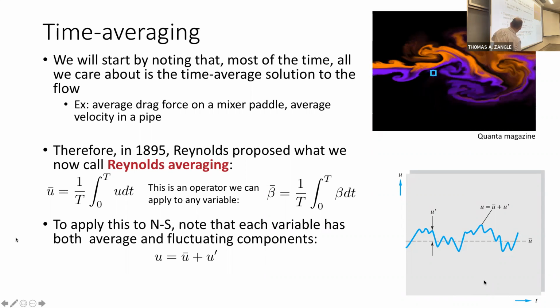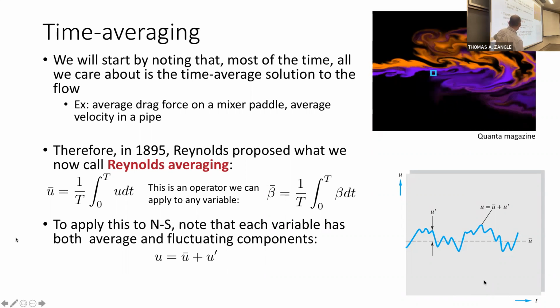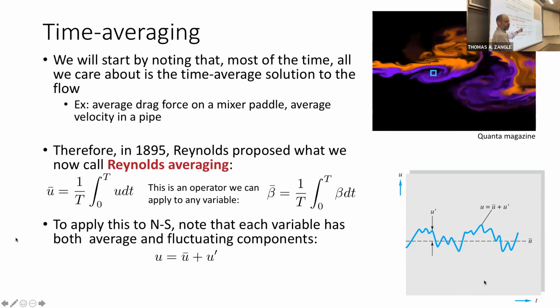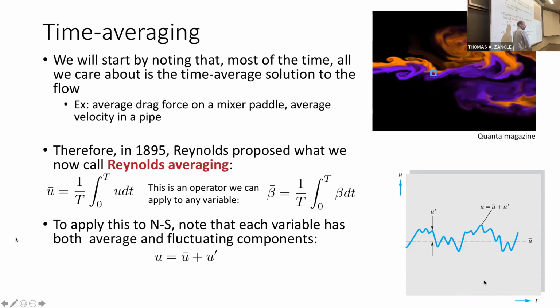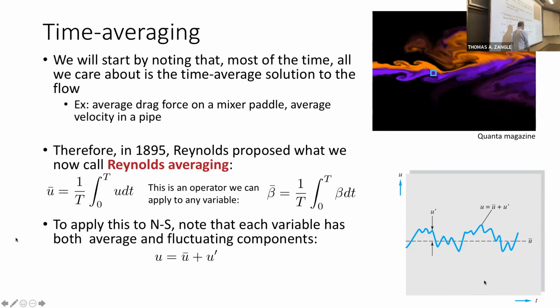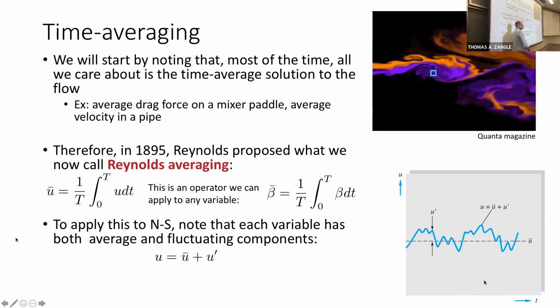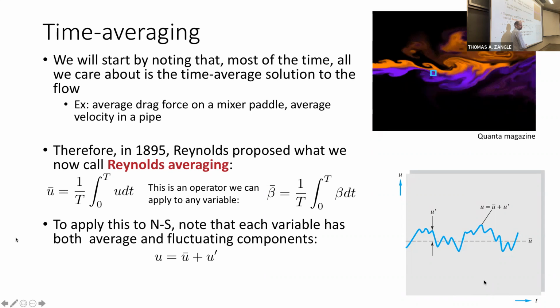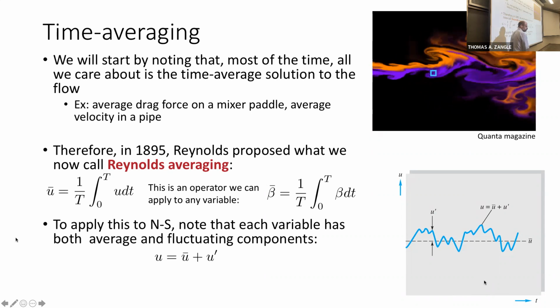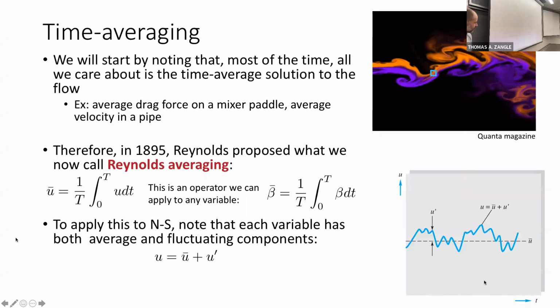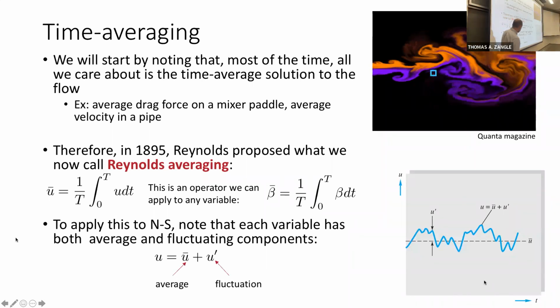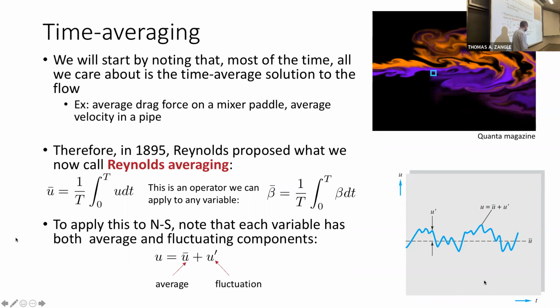And so we're going to apply this to Navier-Stokes, noting that each variable within Navier-Stokes is going to have both average and fluctuating components. So for example, U we're going to split into U bar plus U prime. The same for V, same for W, same for pressure. Where this is the average and this is the fluctuation.